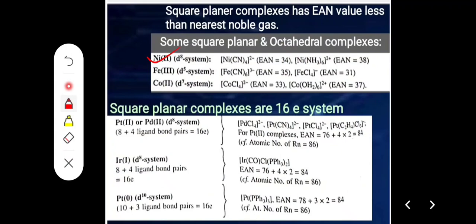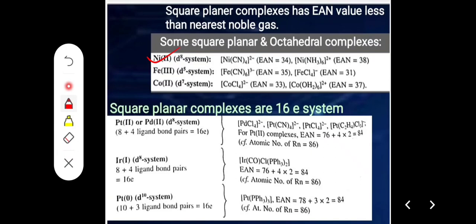Square planar complexes are 16 electron systems, that is platinum(II) and palladium(II), d8 systems. In most cases platinum(II) and palladium(II) always form square planar complexes. Platinum(IV) produces octahedral complexes, but platinum(II) always produces square planar complexes.